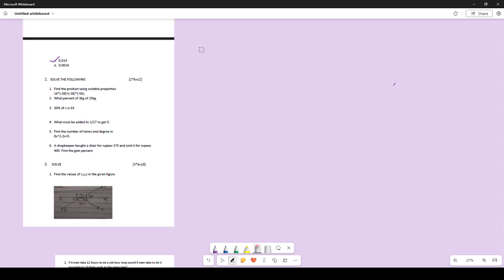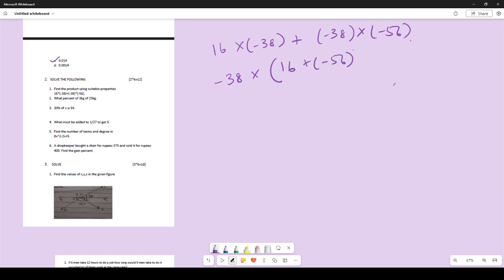So the question was that you take up 16 into minus 38 plus minus 38 into minus 56. So see, minus 38 is common over here. So this means minus 38 is multiplied with 16 plus minus 56, right? So what do you get over here?